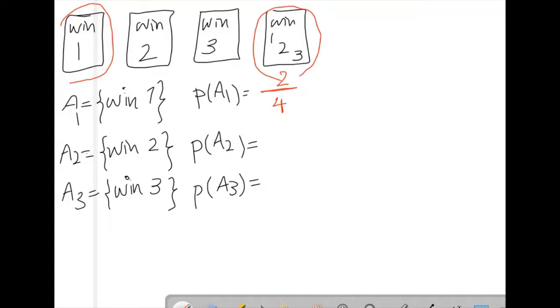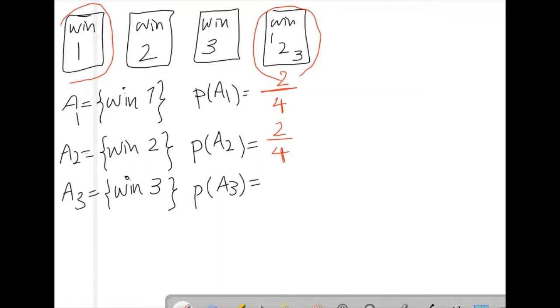The same for A2: for winning prize 2, the second slip or fourth slip, so again it is 2 divided by 4.